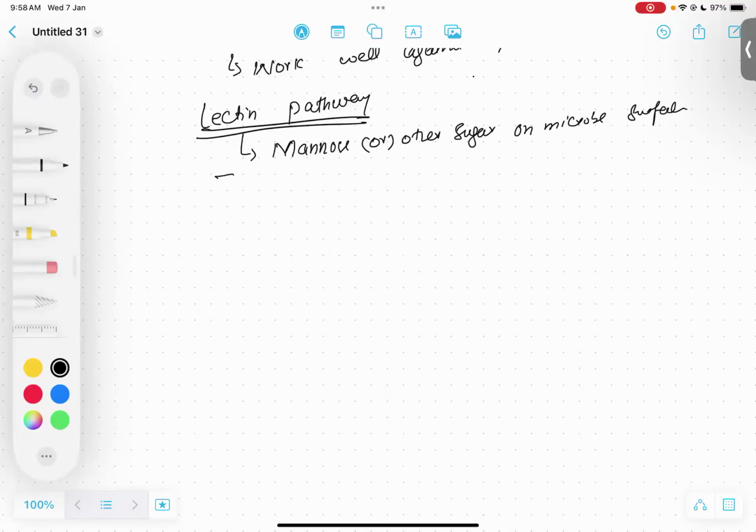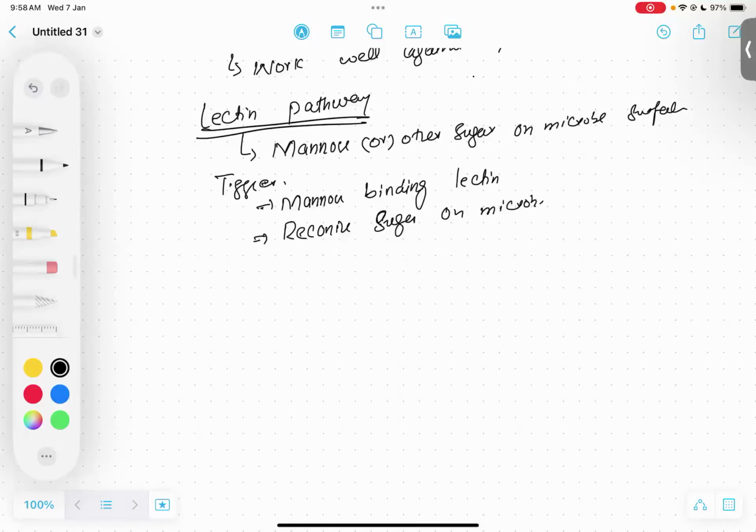The trigger is mannose-binding lectin, which recognizes sugar on the microbe surface, and it has a pathway similar to the classical one.